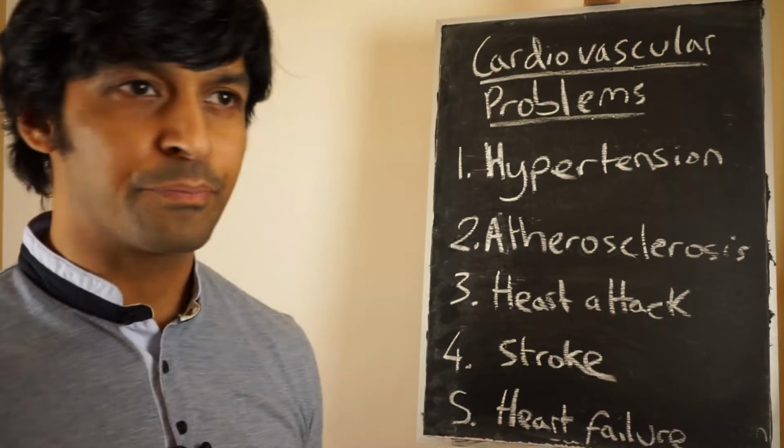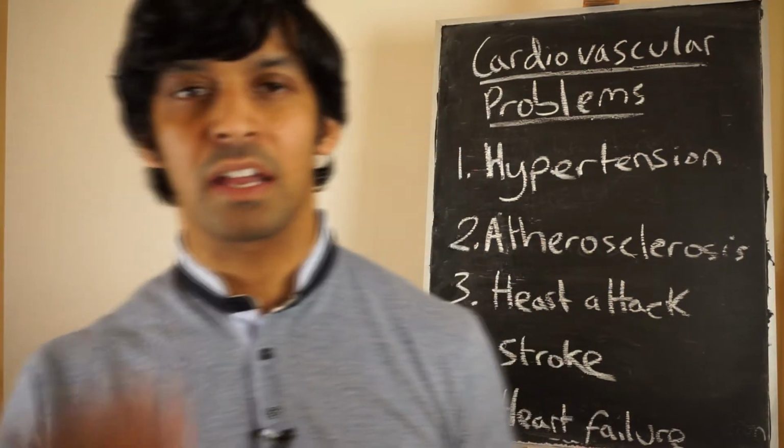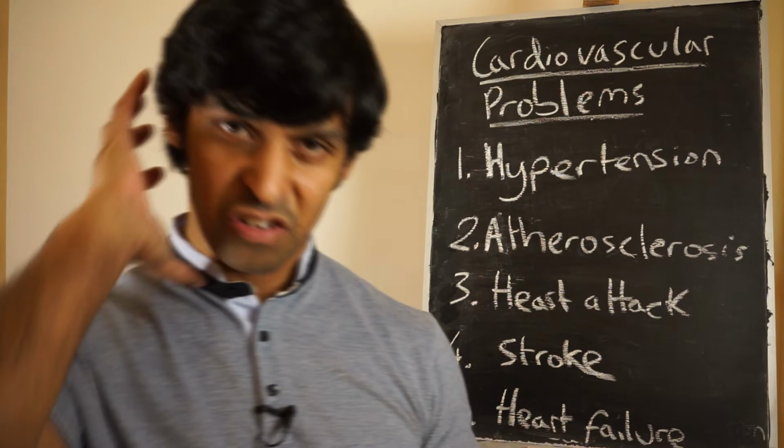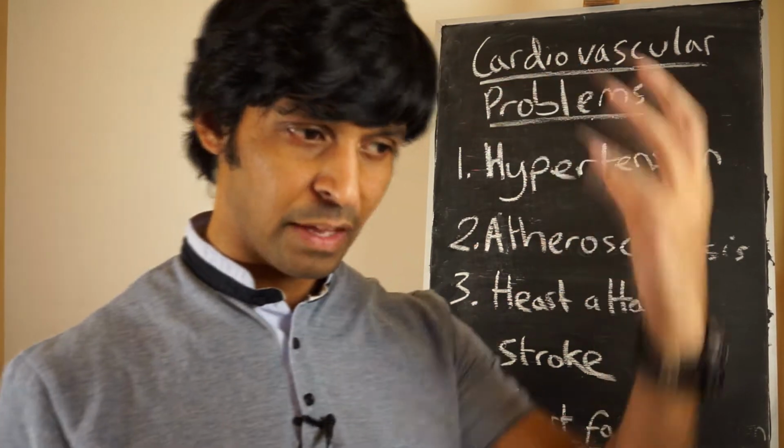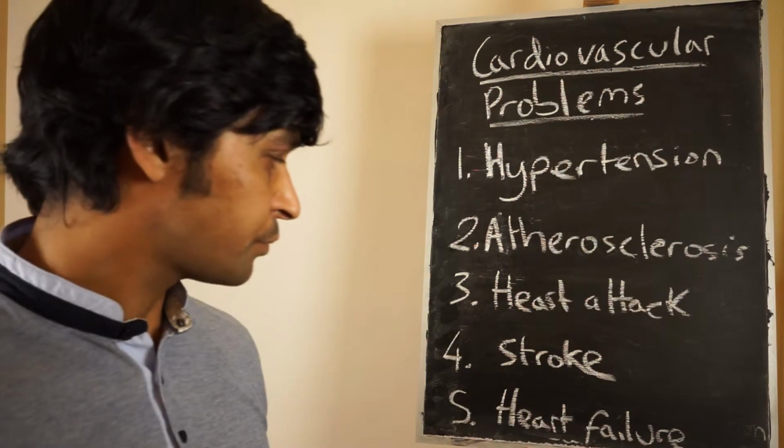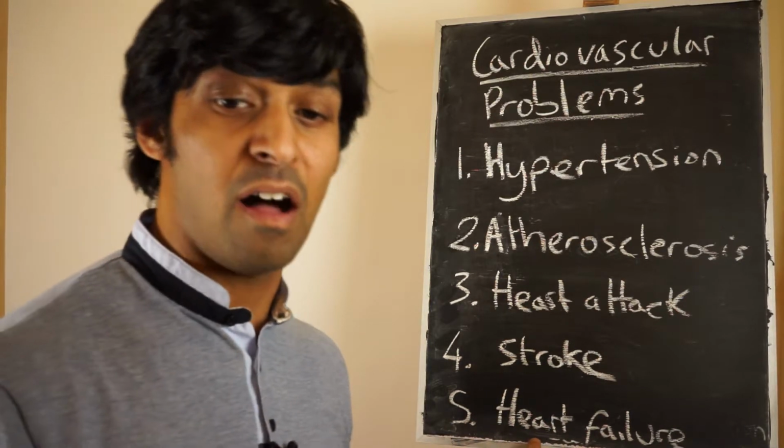Whenever you see someone with a stroke, you can tell, because half of their face is paralyzed. The other half is kind of okay. This is happening because the brain is being starved of oxygen, and it usually affects one side, not the other.